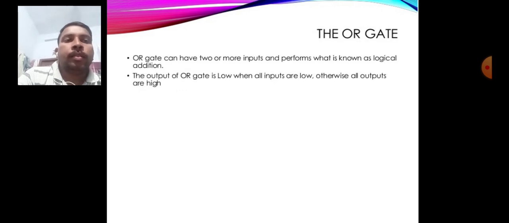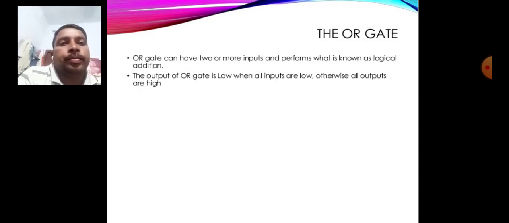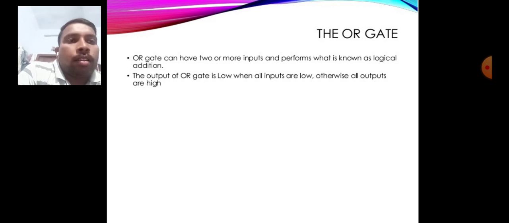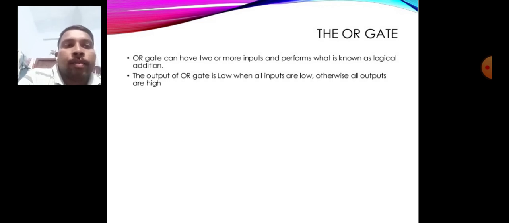The next one, the OR gate. An OR gate can have two or more inputs and performs what is known as logical addition. In the previous gate it was multiplication; this is the addition, the logical operation of the OR gate.